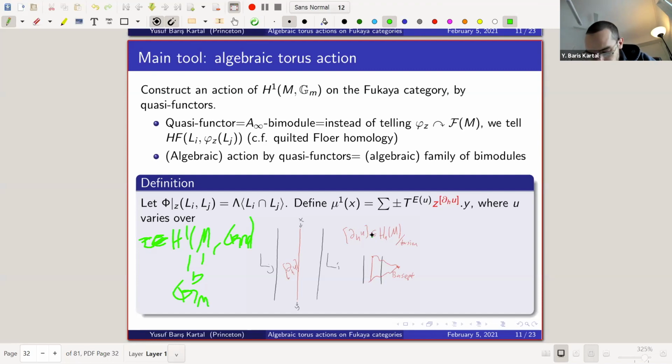Maybe this is a confusing expression, so let's write in black.